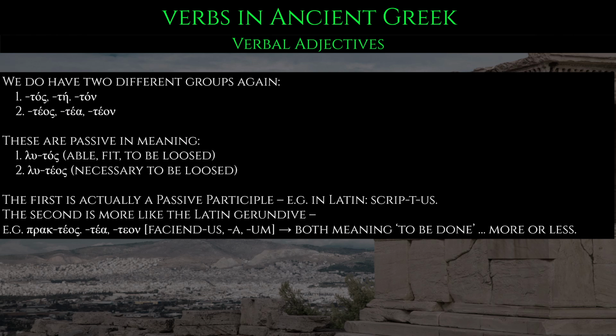Now, the first group is actually a passive participle, like for example in Latin scriptus. The second one is more like the Latin gerundive, for example, prakteos, praktea, prakteon, which would be in Latin faciendus, facienda, faciendum, both meaning to be done, more or less, with small difference in nuances.